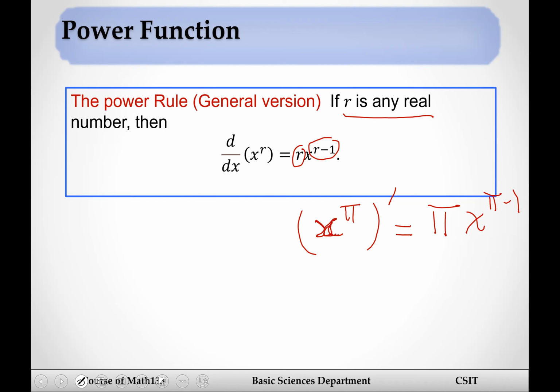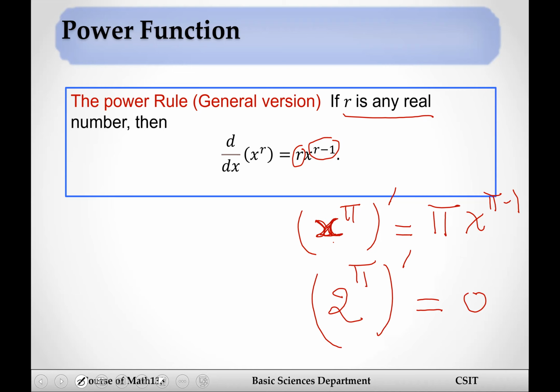Of course, here you must have the variable x to make this derivative. If it is a number here, then it's like a constant. So be careful when we have something like that. For example, 2 power pi. Okay, there is no variable x, so the derivative of this is equal to 0. You don't apply any formula.